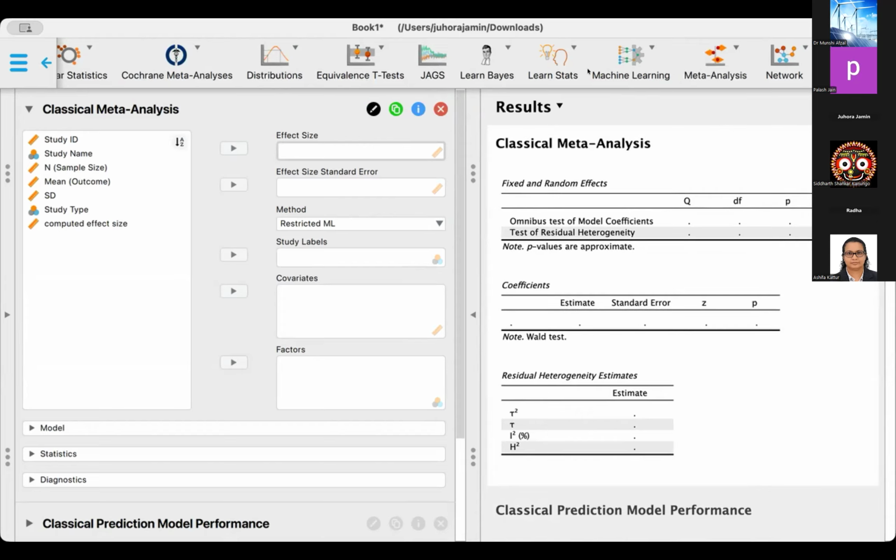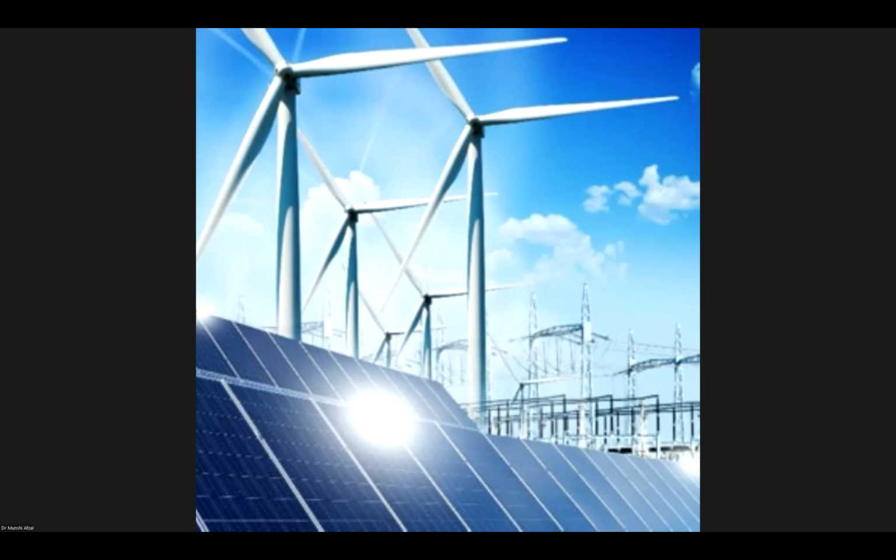Download the latest version from the JASP website. As I told you, JASP is the single most important and comprehensive software for both classical and Bayesian meta-analysis. Once you finish this course and understand the classical and Bayesian approaches, I'm sure you will be a master on this subject, and you can teach and make projects. Especially in medicine, people require expertise in meta-analysis, and they pay a lot of money for analyzing meta papers.